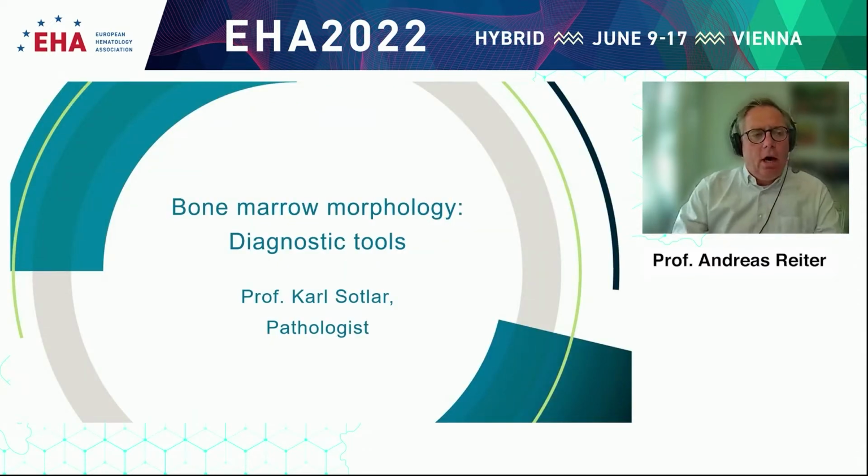And then after we have seen these presentations, we perform, as said, the bone marrow biopsy. Now I want to hand over to Professor Sotlar from Salzburg to give us a first introduction on what he actually checks in the bone marrow biopsy.